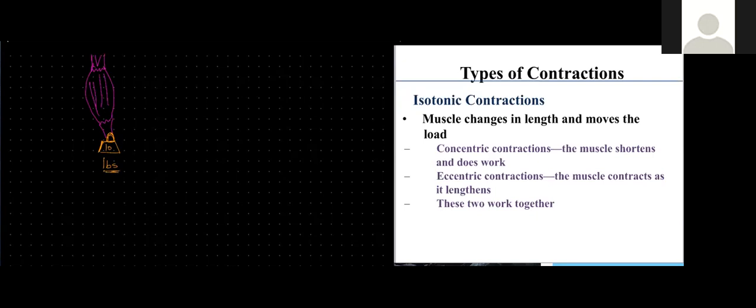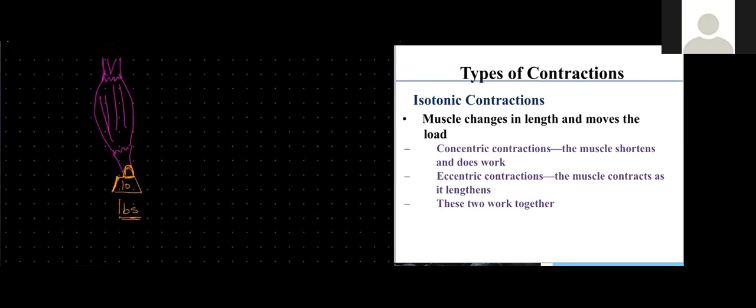This is the maximum load I can pull by the muscle, 10 pounds. So if I give this muscle something smaller than 10 pounds, this is a relaxed muscle like this. Let's say I'm trying to carry with this muscle, whose maximum load is 10 pounds.